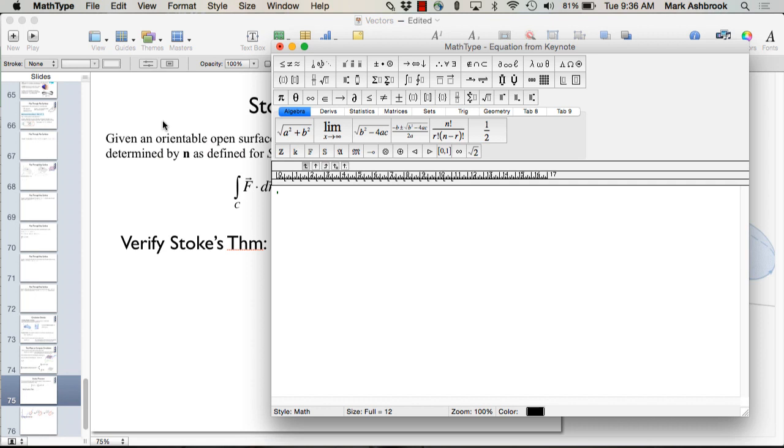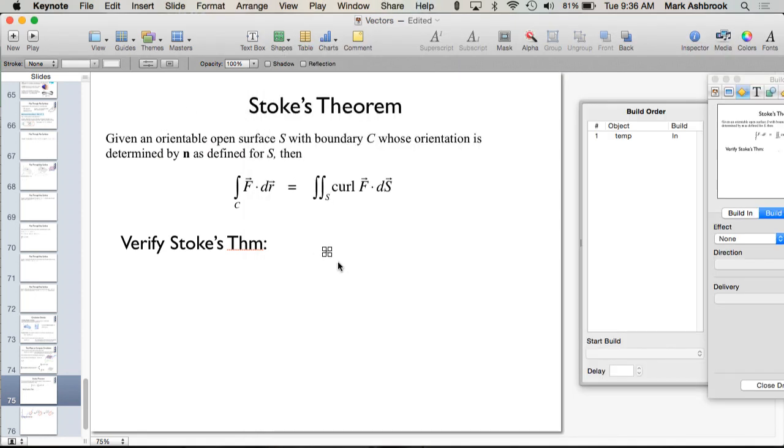All right, so the vector field F is y squared, x, z squared.